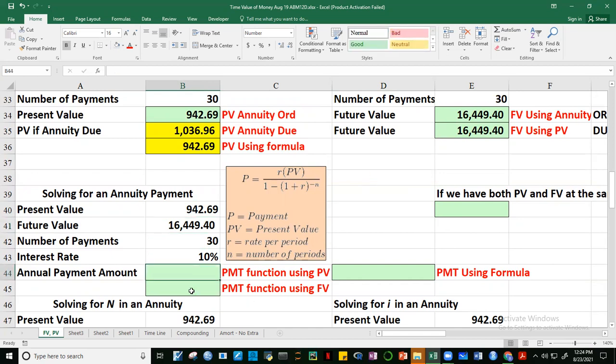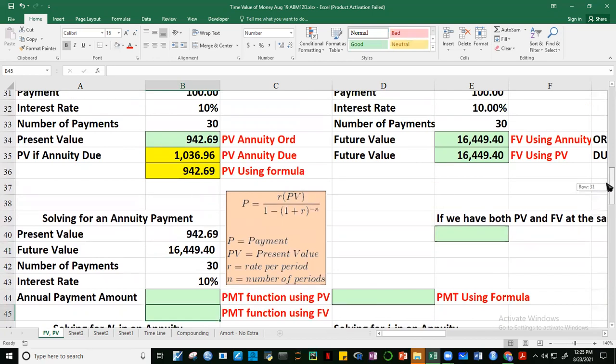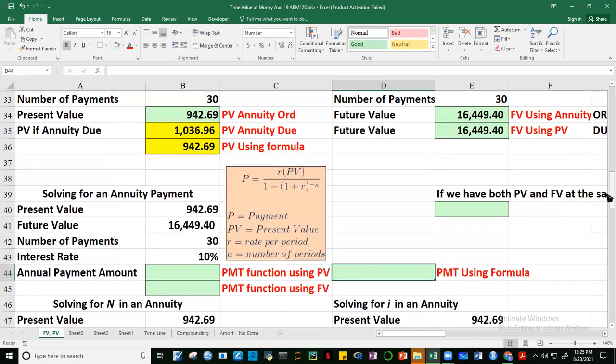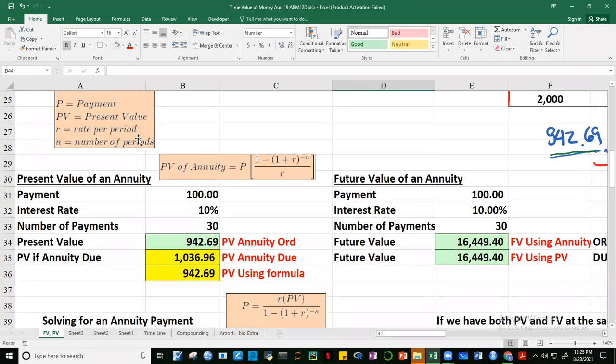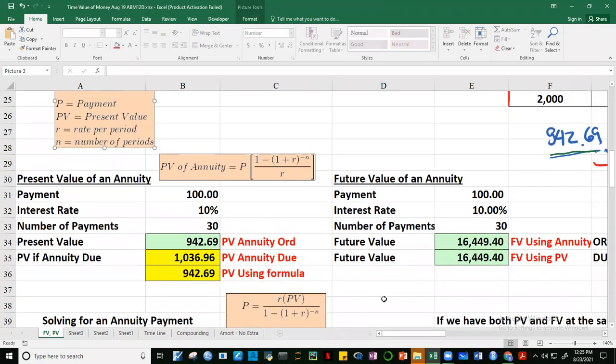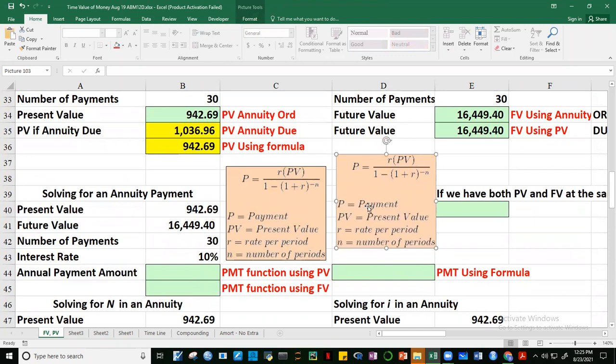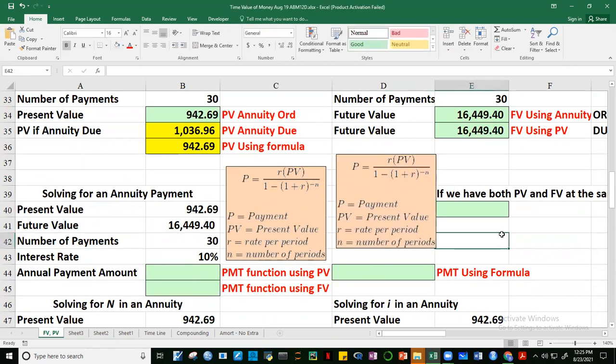Okay, so first let's use the formula muna, no? So ang formula ito. The formula to get the present, the annuity is P, this one. So alam natin, so let's give this a name.